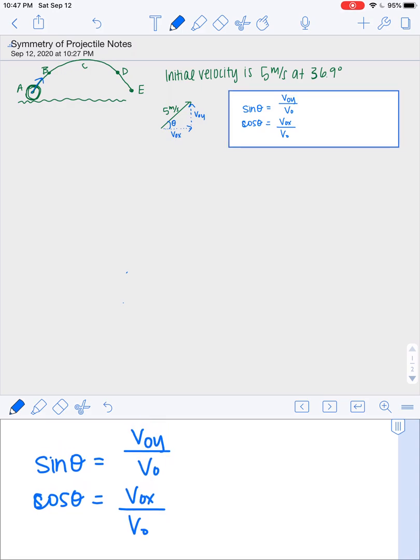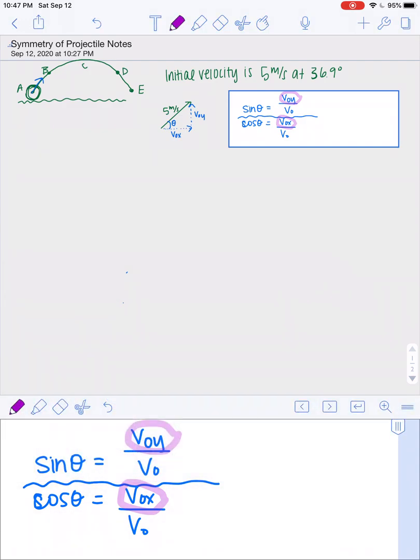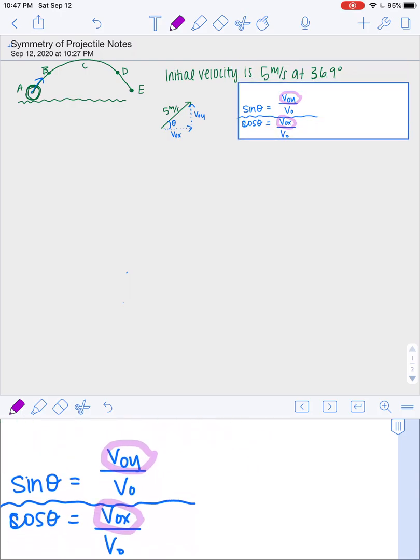And using both of these definitions, I'm going to be able to solve for these components, for that initial y and that initial x. And I'm actually going to do that right now, because I don't want to forget later, when I'm trying to solve my problem, that I need to split up that velocity into components.